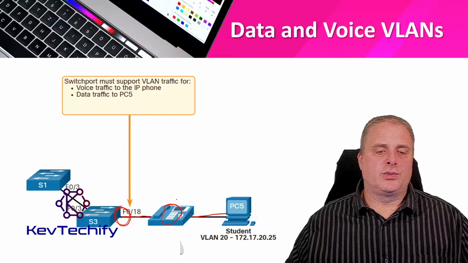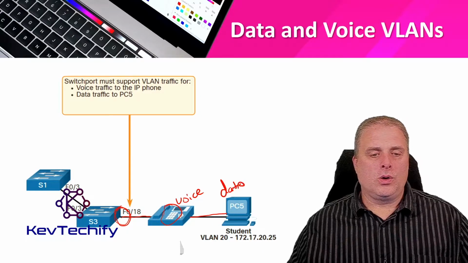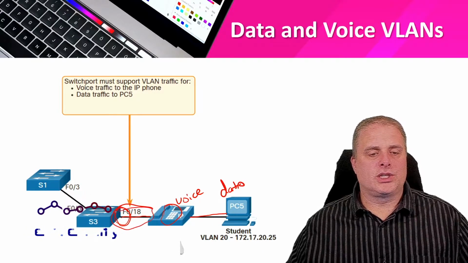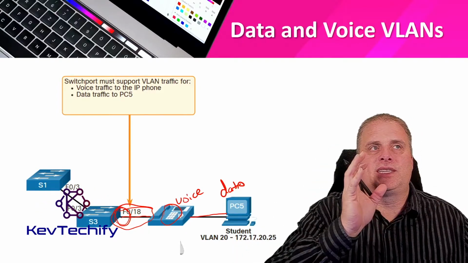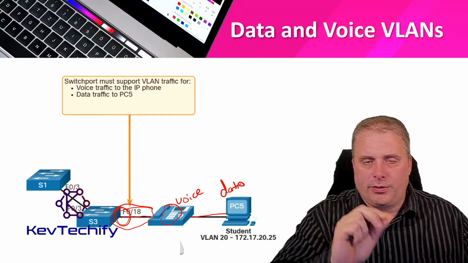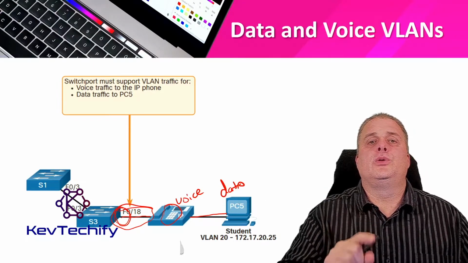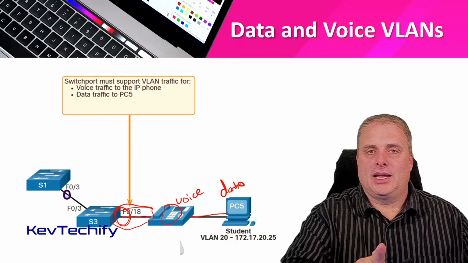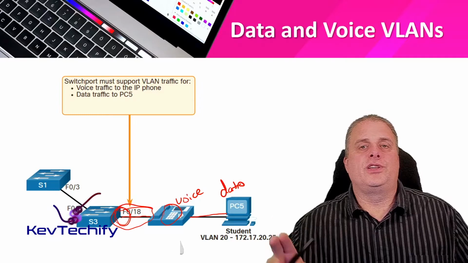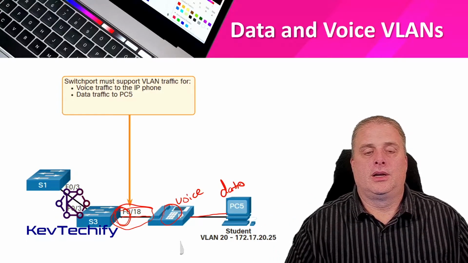What we have here is voice and data, all going through this one connection to switch 3, and we have to set those up specially. And if we remember the rule for a physical port on a switch, it can belong to one data VLAN, and it can belong to one voice VLAN if you are connecting a voice over IP phone to that.